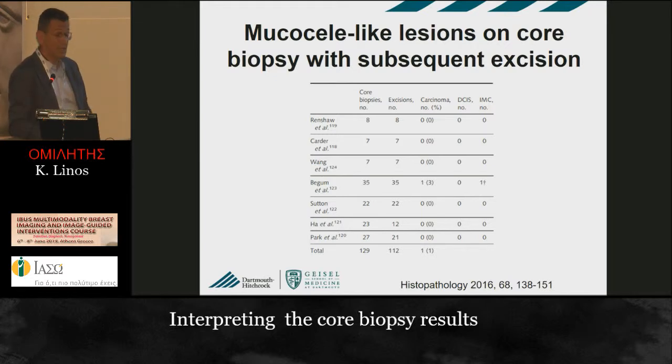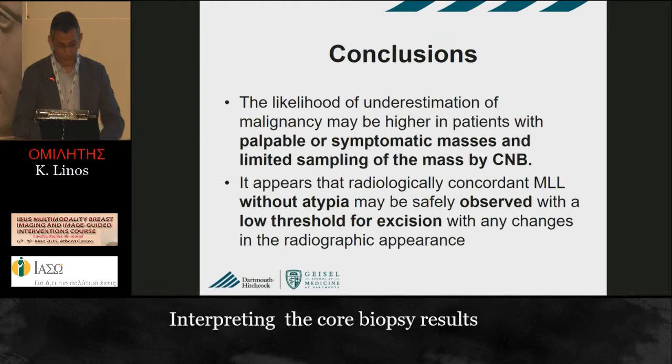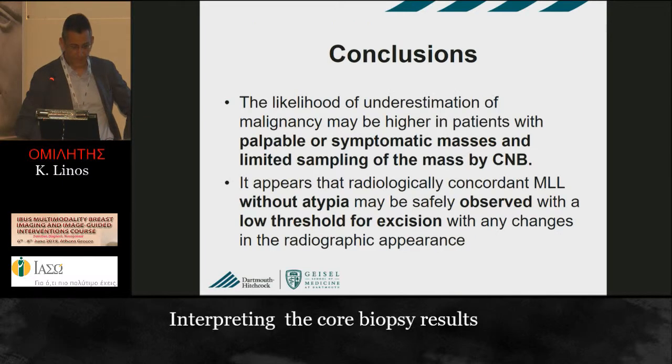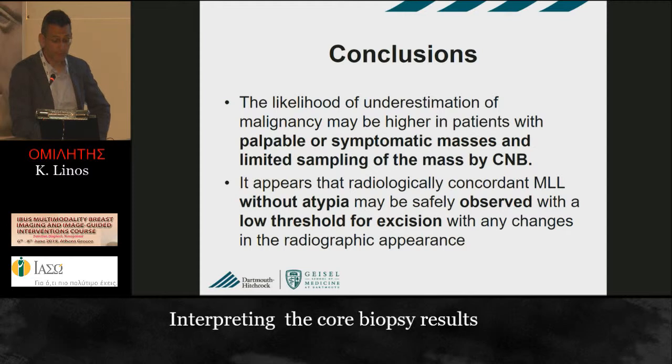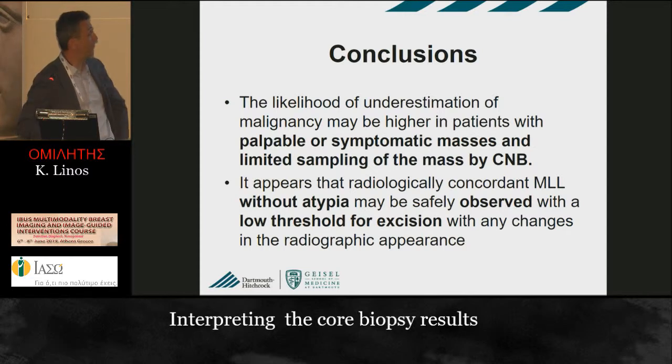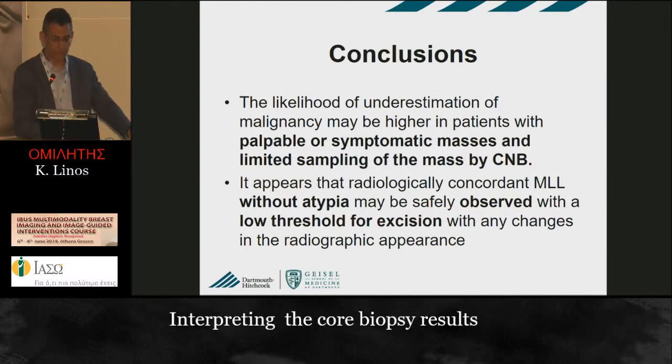So if you have a mucocele-like lesion with no atypia and good radiological pathological correlation, the rate is extremely low. The likelihood of underestimation of malignancy may be higher in patients who have palpable or symptomatic masses and limited sampling with core needle biopsy. Common sense here. But if you have a mucocele-like lesion that is radiologically concordant and there is no atypia, you may safely observe these lesions, with a low threshold for excision should any changes in the radiographic appearance happen.